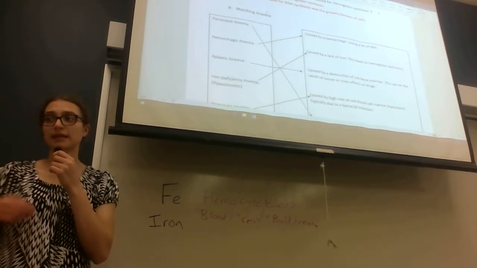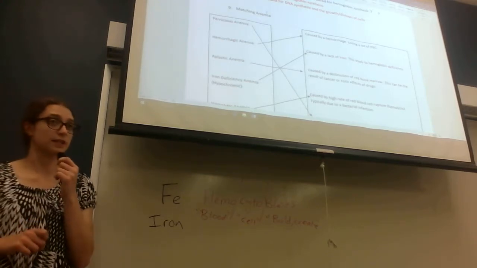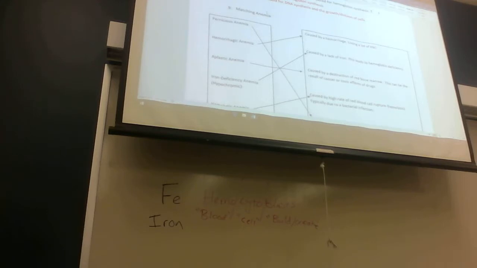To make that true, you also take out folic acid. Vitamin B12 is actually known as folic acid, but hemoglobin synthesis is iron. B12, which is folic acid, is actually needed for DNA synthesis and the growth and division of cells. So that's why B12 is important. But you have to know about folic acid, also known as B12, and you have to know about iron, so I kind of threw that in there.